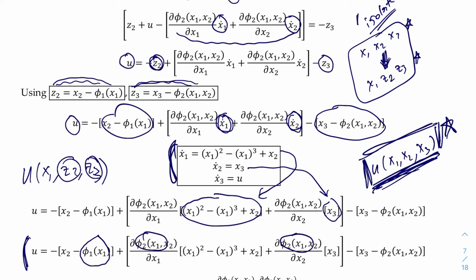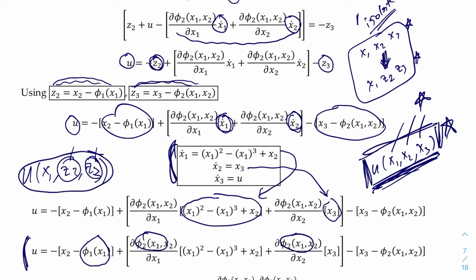And u must be a function of your state variables, given you are interested in state feedback. Output feedback is a whole other subject, so don't give me that type of stuff. I don't want to know what z2 and z3 are. I want to know explicitly what u is as a function of x1, x2, and x3.